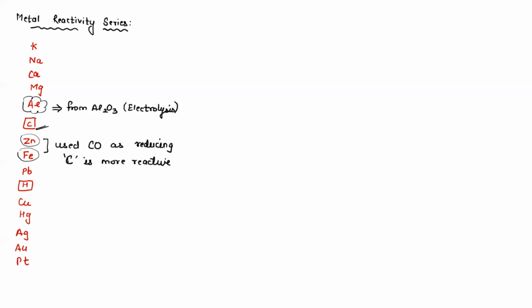Carbon is more reactive than zinc and Fe, and that is the reason you can use carbon as a reducing agent. So all these metals, if I want to extract from their ore, I can very well use carbon. But for aluminium, I cannot use carbon. Why? Because carbon is less reactive than aluminium. Now talking about the thermite process. Okay.